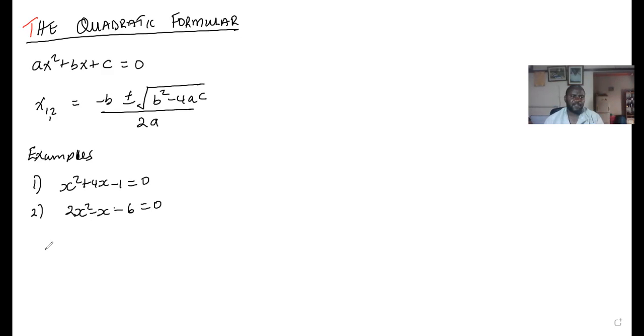So the first one, it is healthy to identify that if you have x squared plus 4x minus 1 is 0, identify a as 1, b as 4, c as negative 1. Then you are now ready to substitute in our formula.